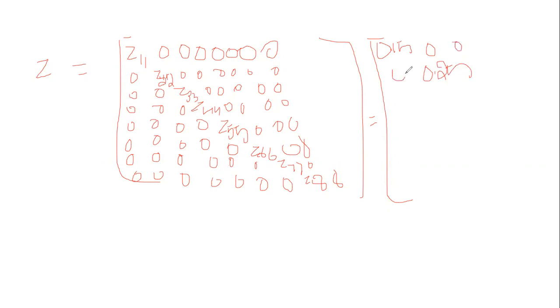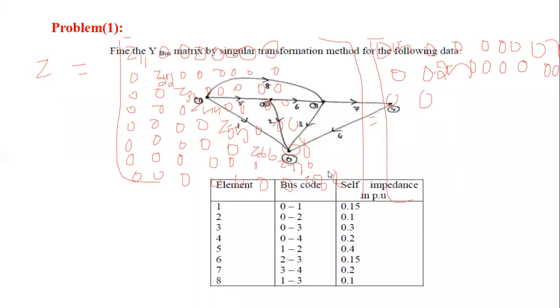Then 0, 0, 0, 0, and the rest of these entries are also 0. What is the third element? 0.3. Okay, this is 0.3.